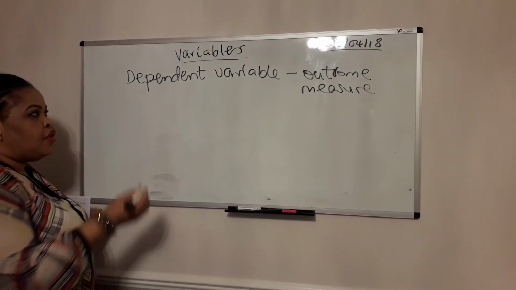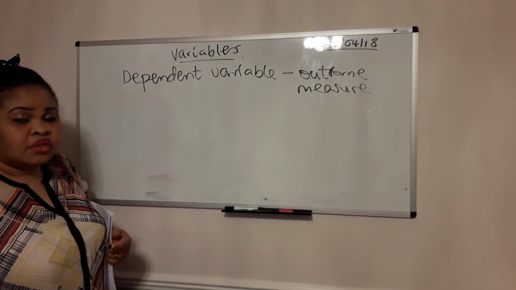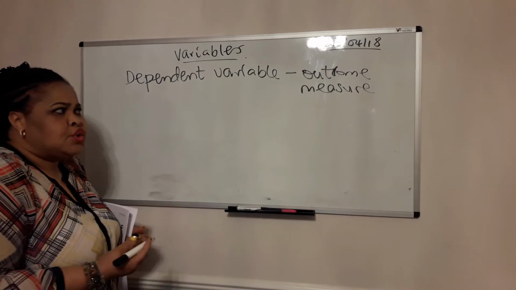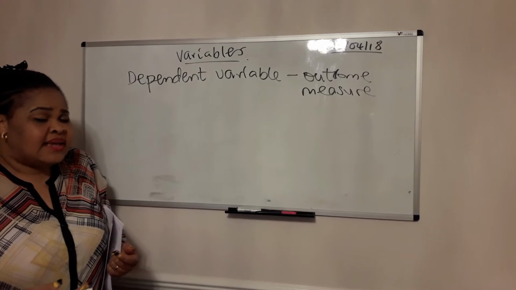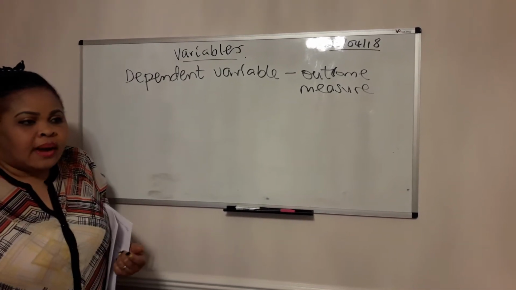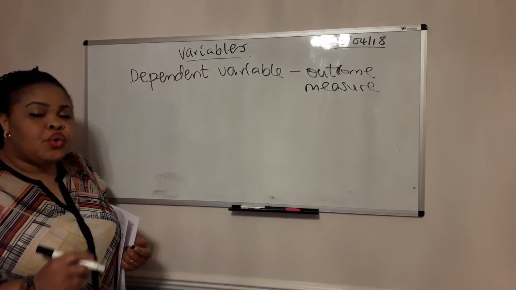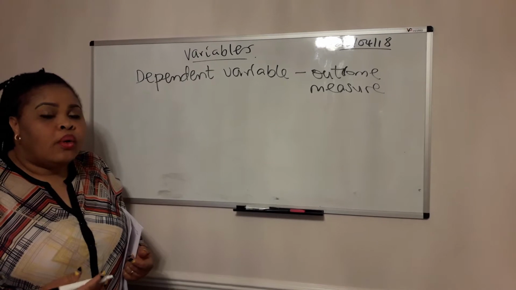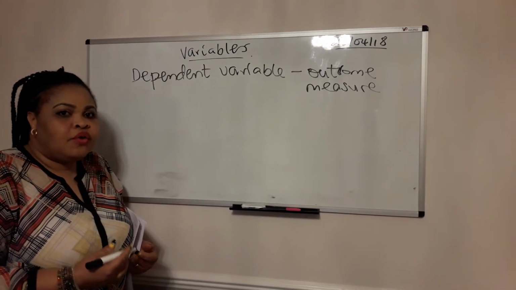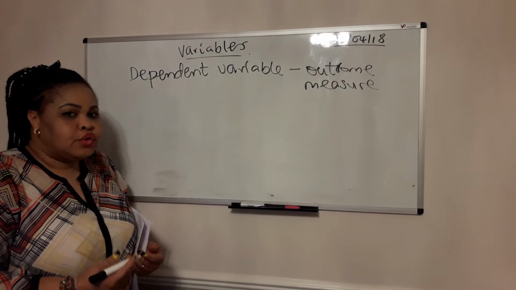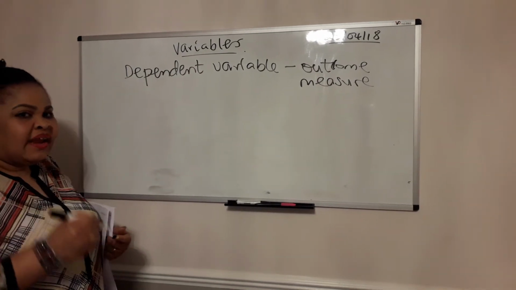For instance, if you're trying to work out the effect of fertilizers on plant growth, you can decide the quantity of fertilizer that you want to apply to the plant, say 4 grams of fertilizer, or 0.4 grams, but you cannot tell specifically how long it will grow. You cannot tell the particular increase in growth that's going to happen to the plant. So the outcome that you measure is your dependent variable.